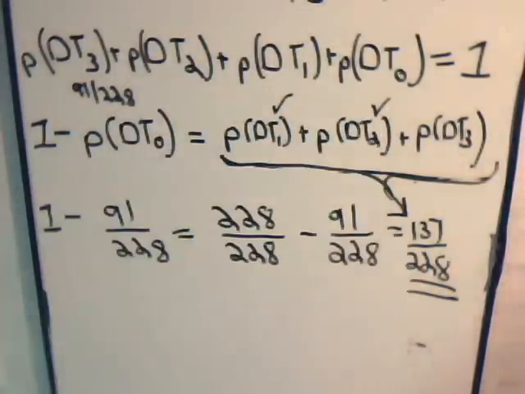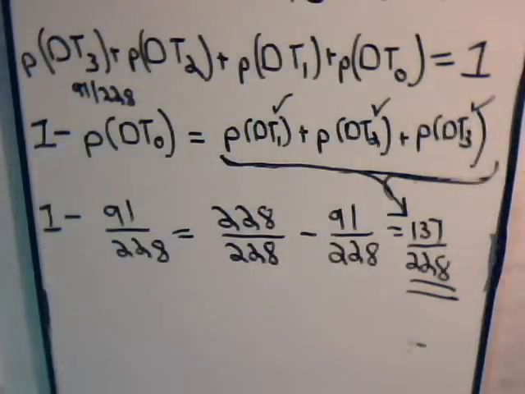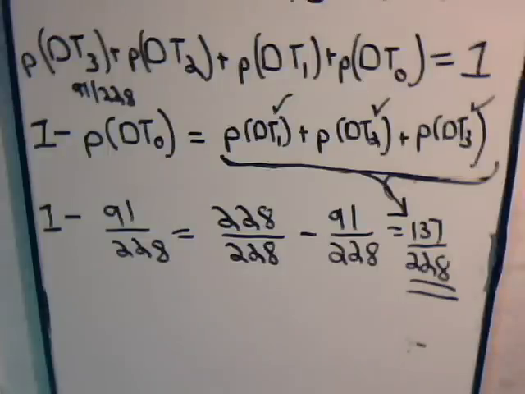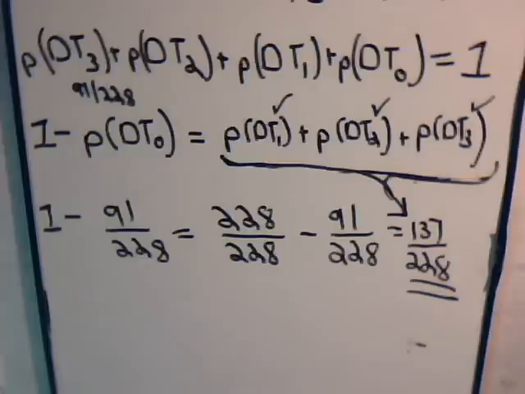We can determine what this one is. And we can determine what this one is by using combinations, the same way as we did before. So what we can do is we can determine each one of these, and once we do that, add them all up and see, do we indeed obtain 137 over 228.